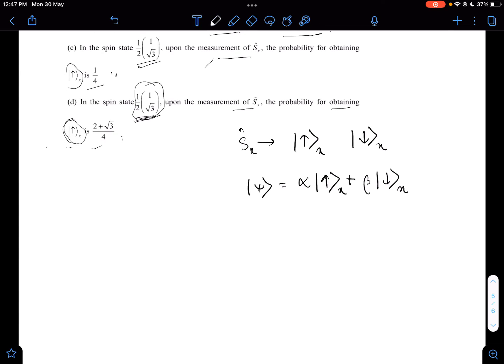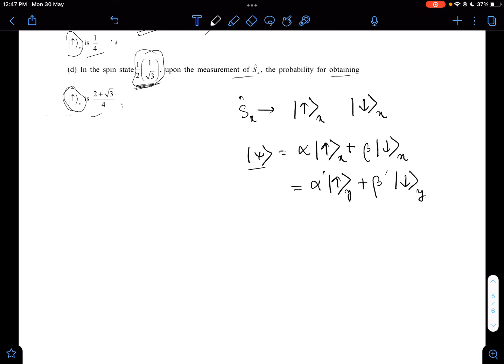We can also represent this state as a linear combination of eigenstates of y, where the coefficients will obviously be different, and also in eigenstates of z. That is the meaning of basis.